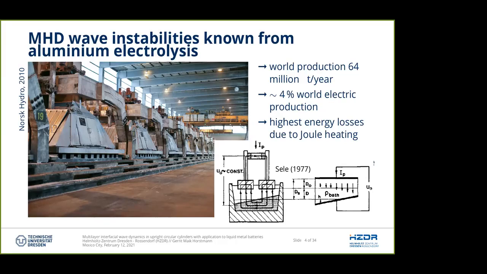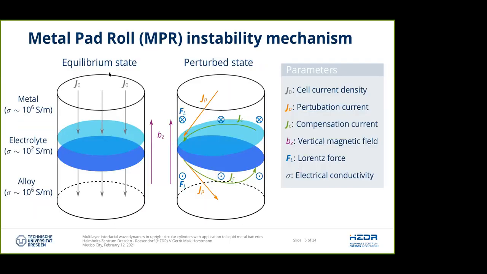I think Peter Davidson has estimated that every millimeter of cryolite can cost a typical aluminum company $1 million per year of waste energy. So it is very important here for these cells to control interfacial wave instabilities. And in liquid metal batteries, we have 3 layers, of course, instead of 2, but a very similar physics.